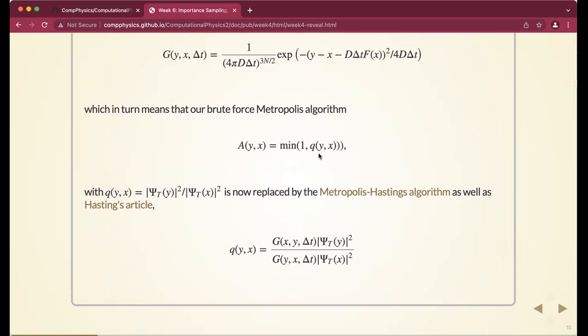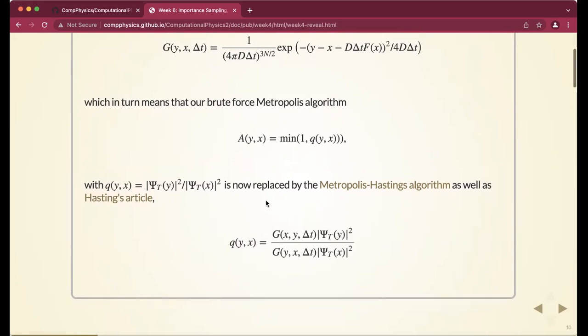So what we have to evaluate, and we're going to look at how we do that after the break, needs a slightly more involved calculation. But this is going to replace what we normally call the brute force or straightforward Metropolis algorithm with a jumping in space which is conditioned by the trial wave function we've started with. So these are the equations which we're going to look at after the break.